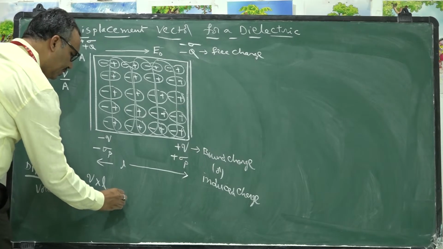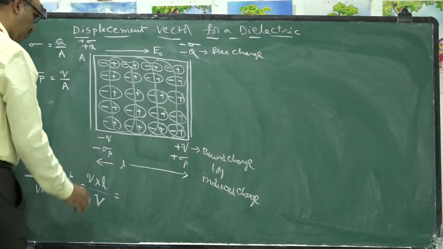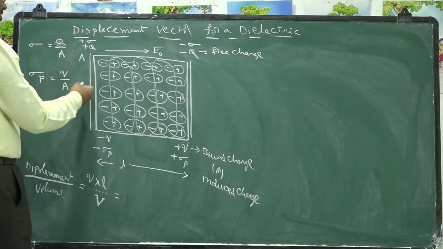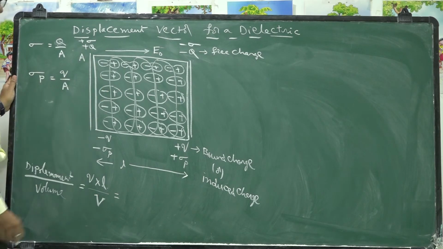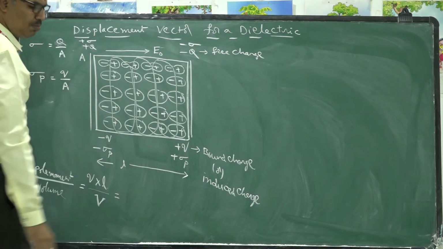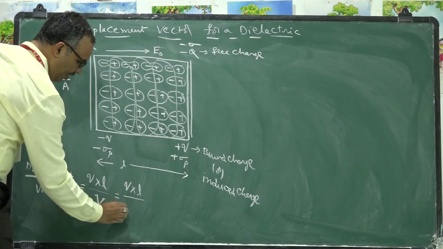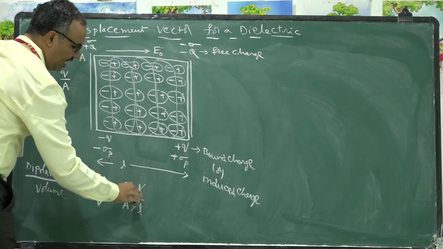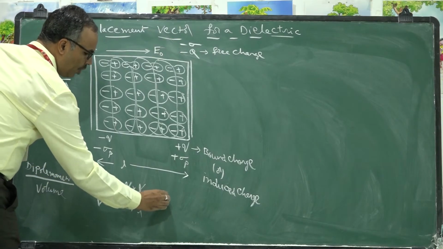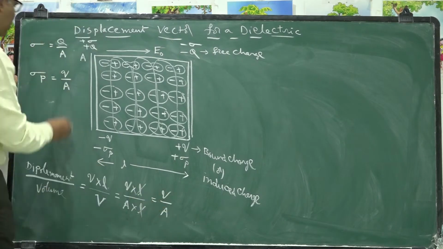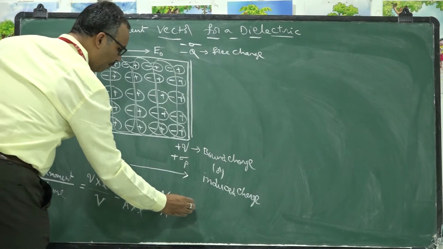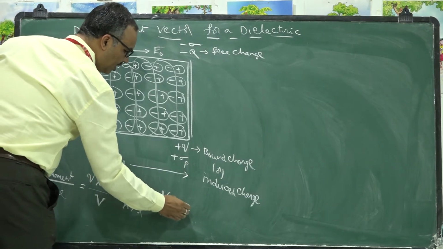Volume means area into separation. Area of each plate is A, therefore the dielectric also has the same area, because the dielectric is completely filling the entire space. Q into L by A into L. L gets cancelled. Q by A you will be left with. What is Q by A? Sigma P. Q by A is called sigma P.